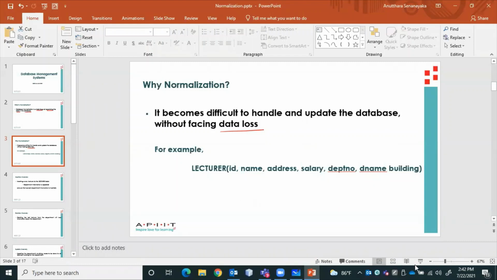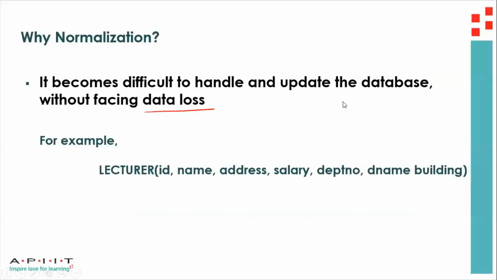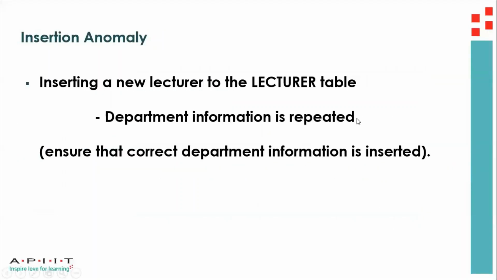In that case, we could face 3 different anomalies. If we don't have a normalized database, the DBA, the database administrator who is working with the database, can face 3 different anomalies.